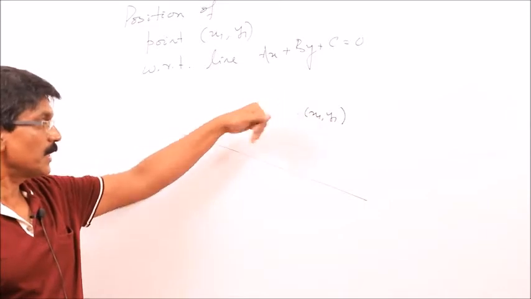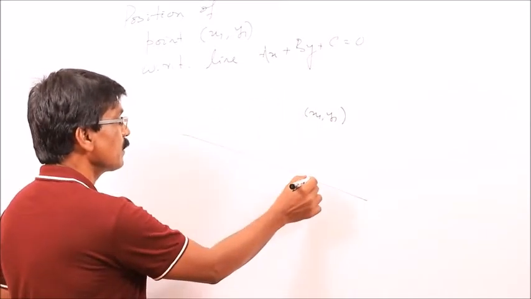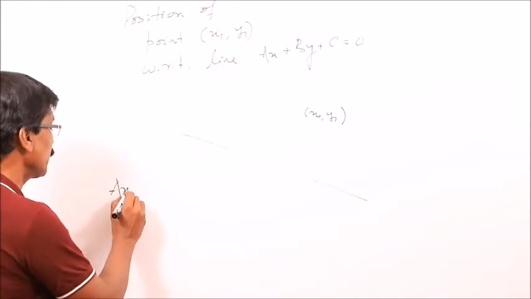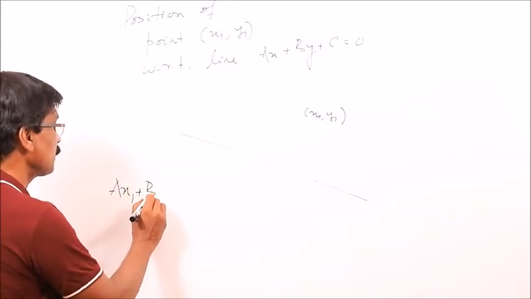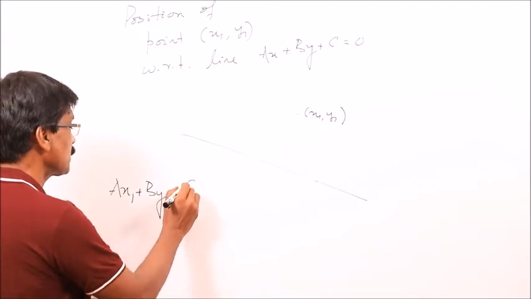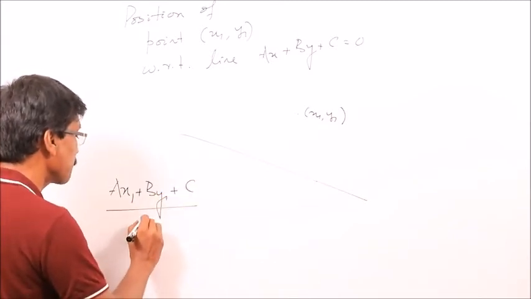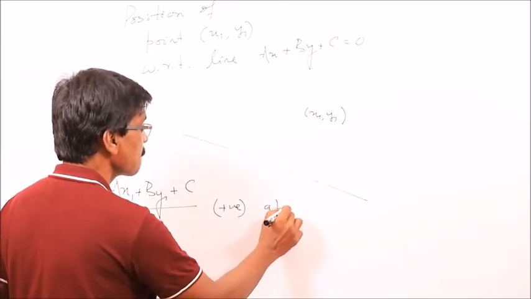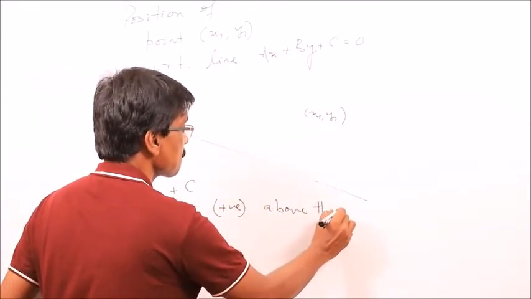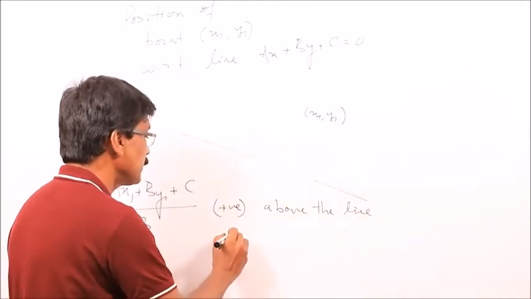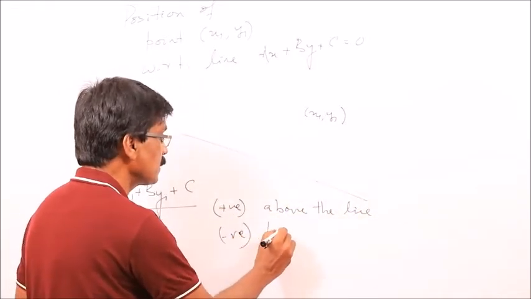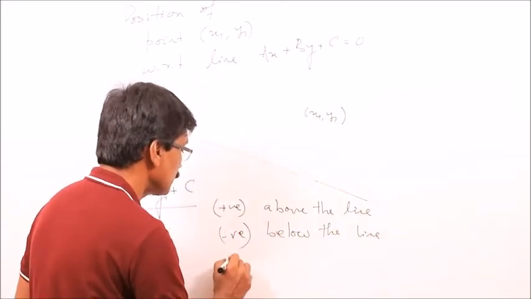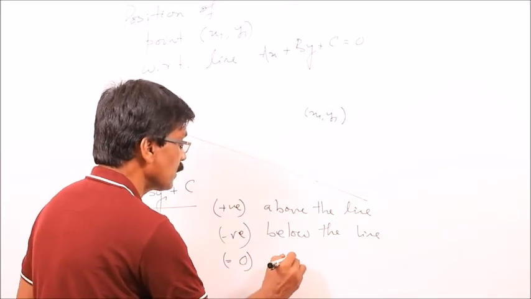Either it is above the line, or it is below the line, or it is on the line. To find the condition, we have a x1 plus b y1 plus c divided by b. If it is positive, it is above the line. If it is negative, it is below the line. If it is equal to 0, on the line.